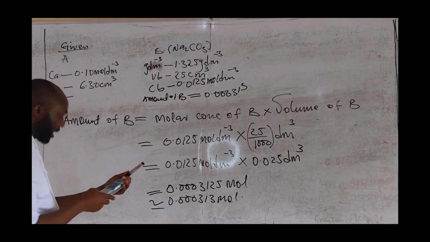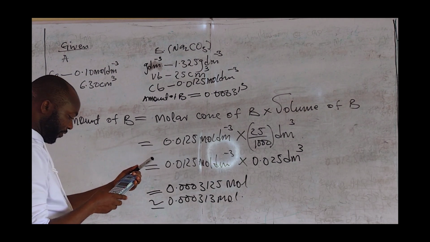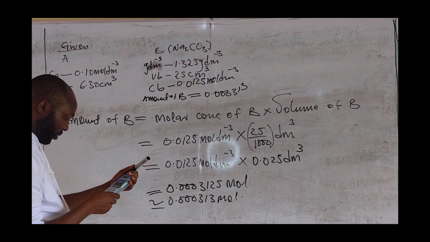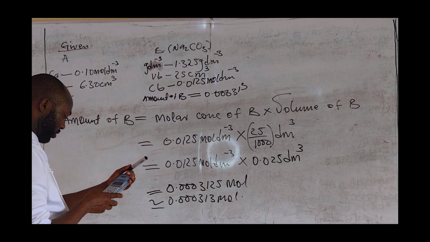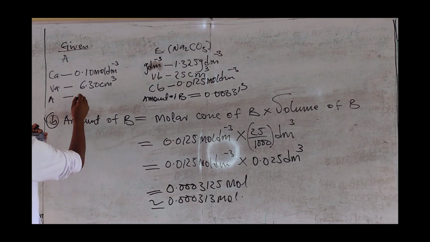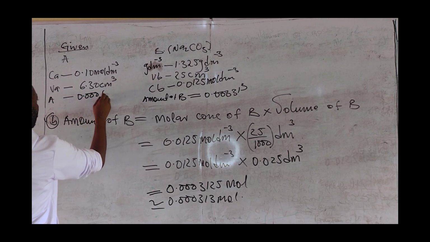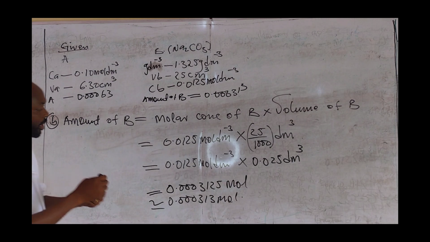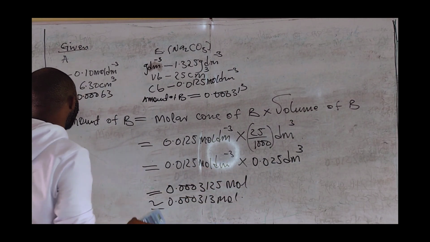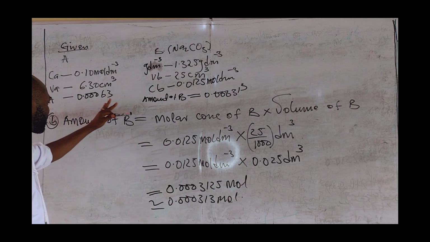Let me quickly press that: 6.3 divided by 1000 times 0.1. The amount was 0.00063. Okay, so now we've gotten the amount of the base, which is this, and that of the acid is 0.00063.